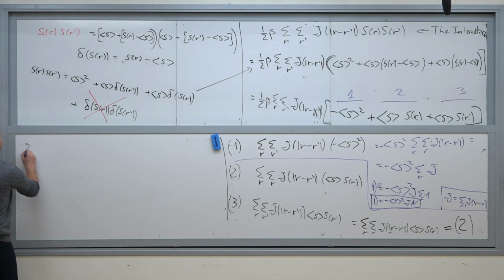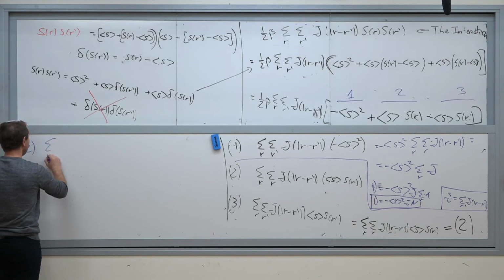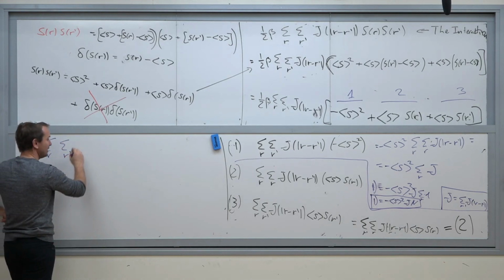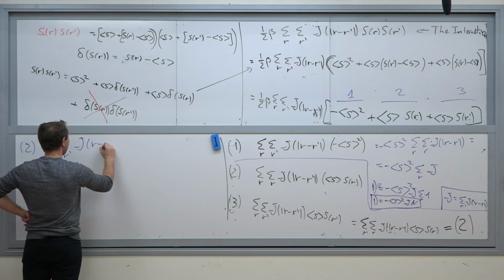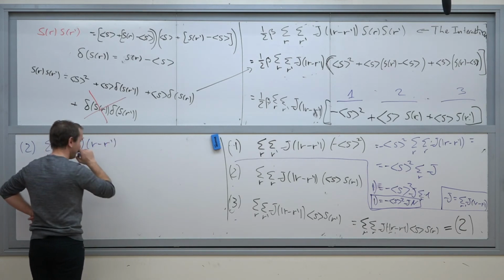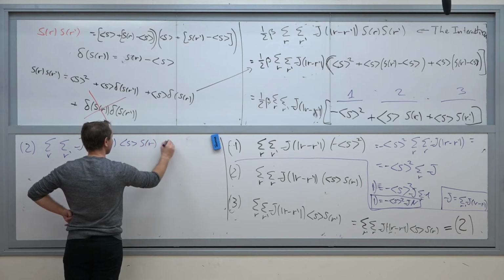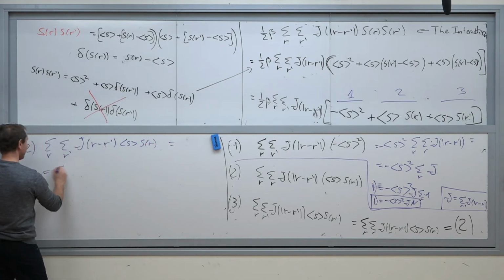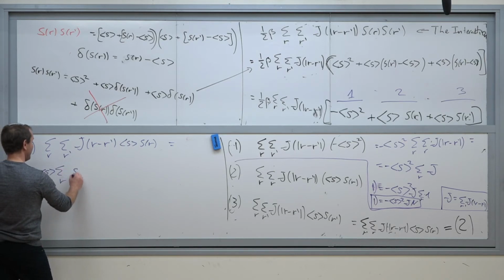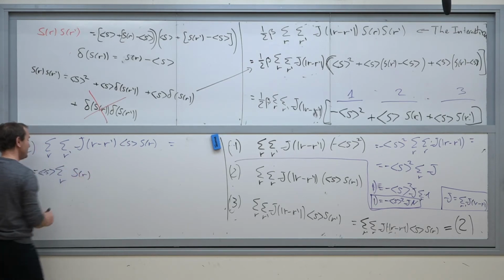Okay, so the second term is sum of r prime, j of r minus r prime of s of r, equals sum of r. Let's take s out, sum of r, sum of s of r, right?